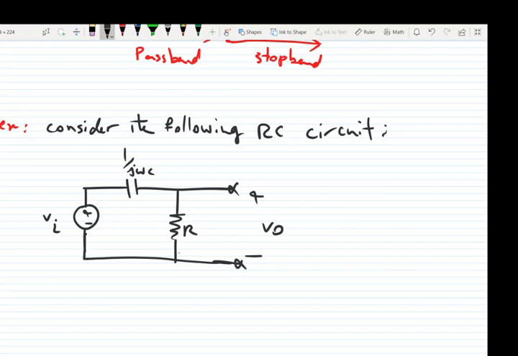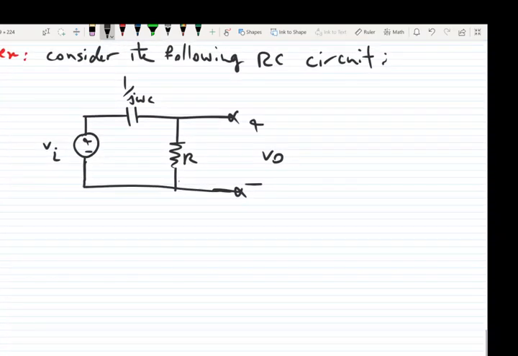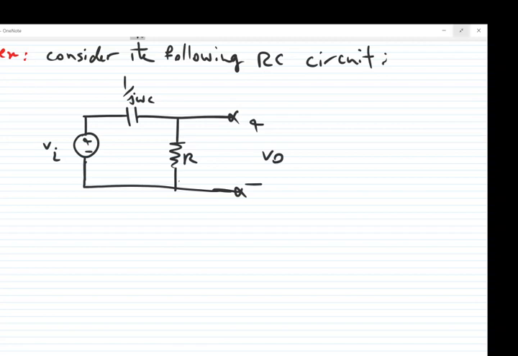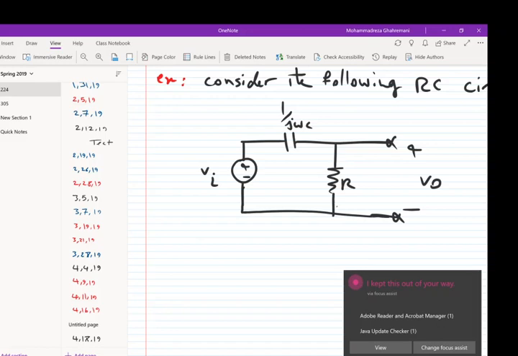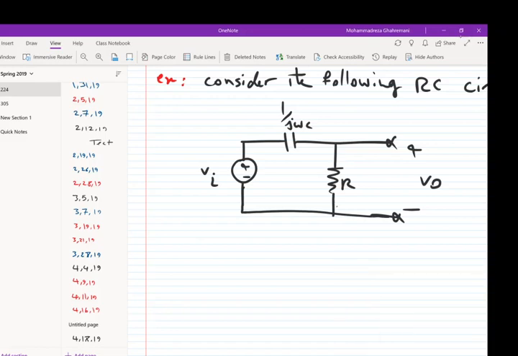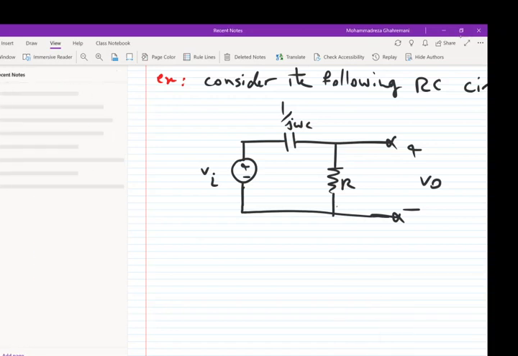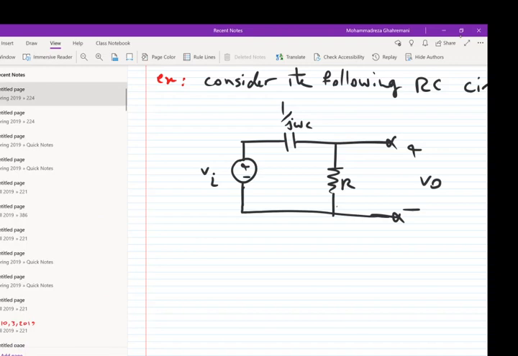Okay, so this one is the new circuit. We want to see what the frequency response is and what kind of filter this is. Okay, so let's do that.